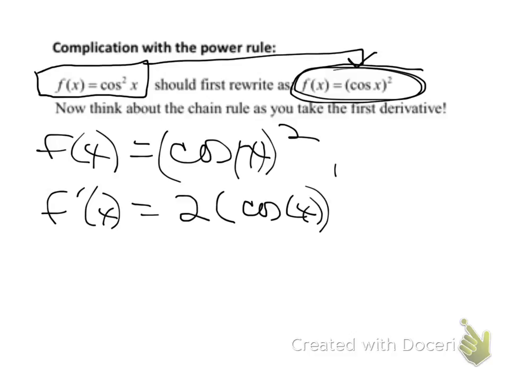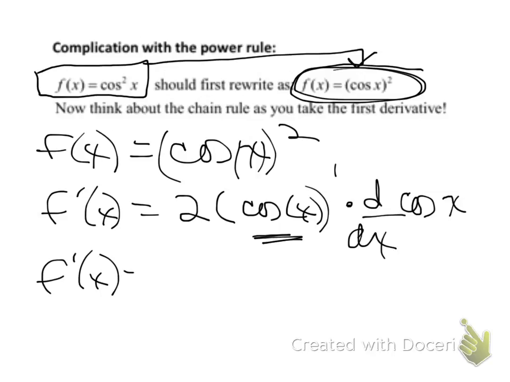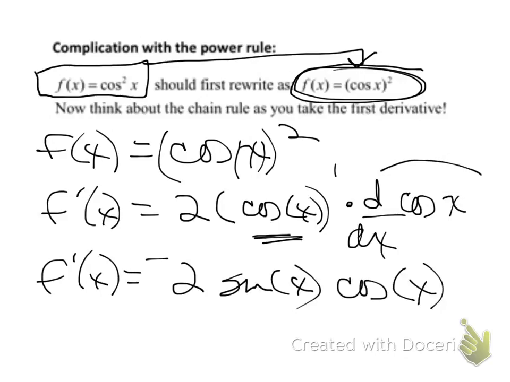And then this is raised to the first power, and then times the derivative of what's inside. So I need to take the derivative with respect to x of cosine x. So my answer will be this derivative.